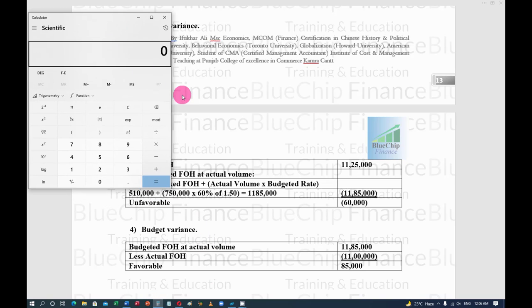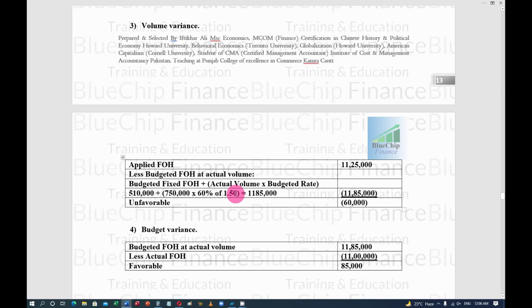So 750,000 multiplied by 0.9 plus 510,000 is 1,185,000. That is the budgeted FOH at capacity attained. So the answer is minus 60,000, that is unfavorable.